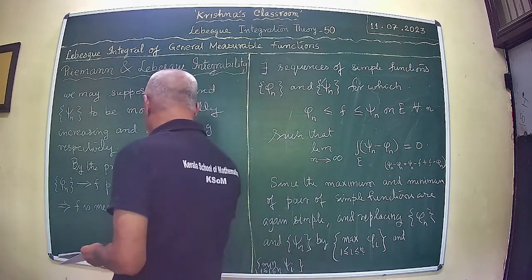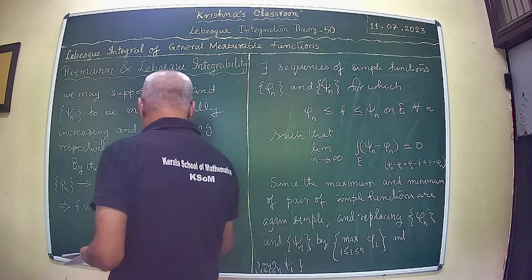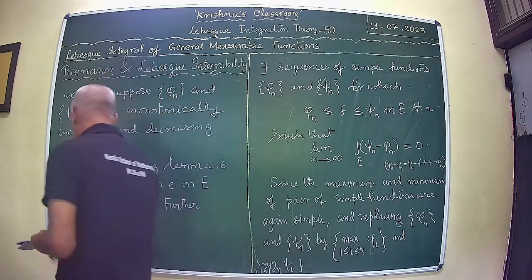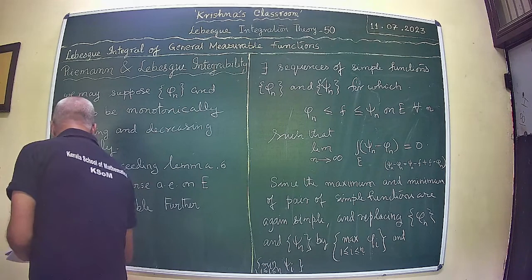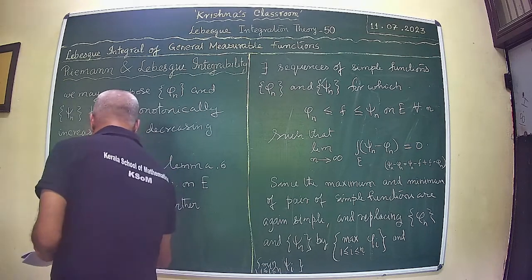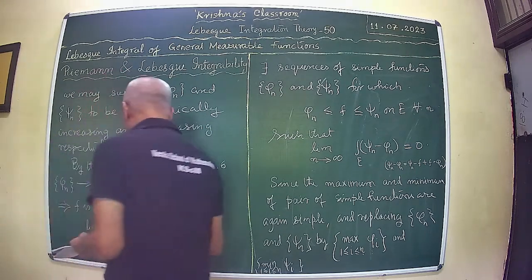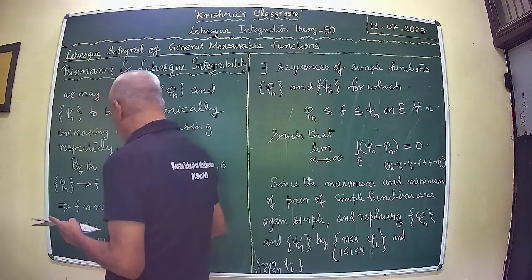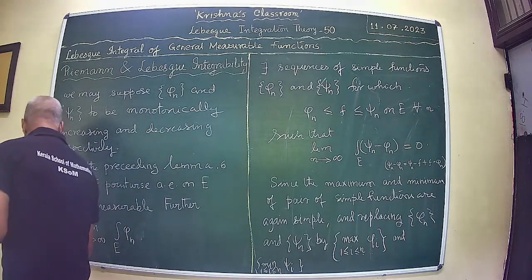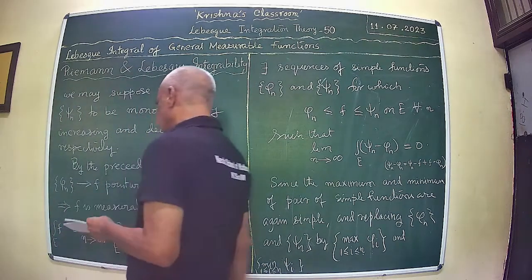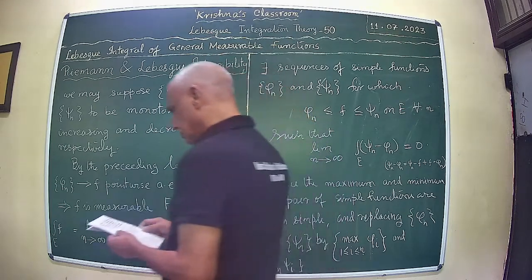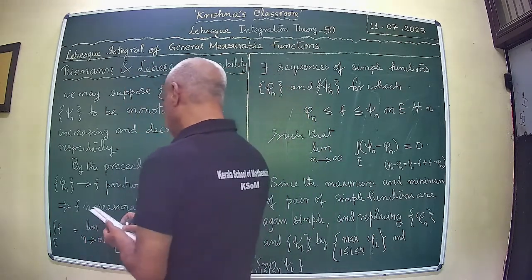Further, we can directly apply lemma 6. We have the limit as n tends to infinity of the integral over E of phi n is equal to the integral over E of f.